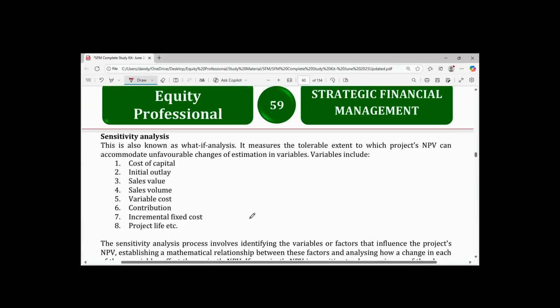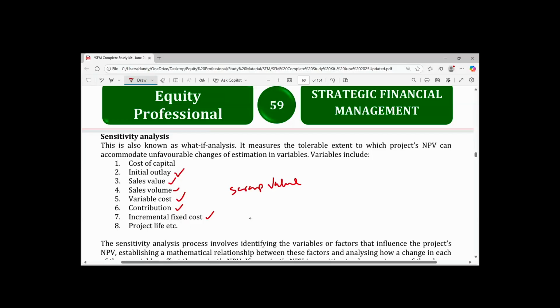When you talk about variables, variables include initial outlay, variable cost, sales volume, sales value, incremental fixed cost, contribution, scrap value, all right? Examiner can ask you to calculate sensitivity margin of scrap value. You can be asked to calculate sensitivity margin of tax liability.